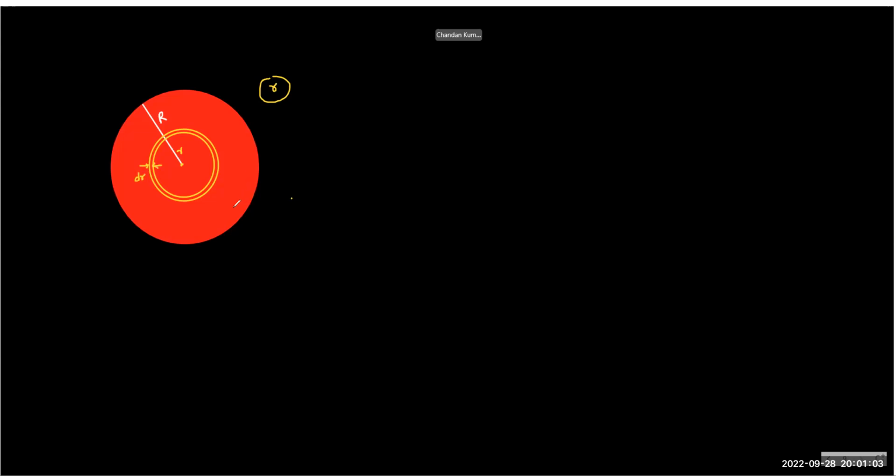Second step. If you look at this thin slice itself, don't look at the entire disk, only look at the thin slice. Take the thin slice outside. It will look like this.